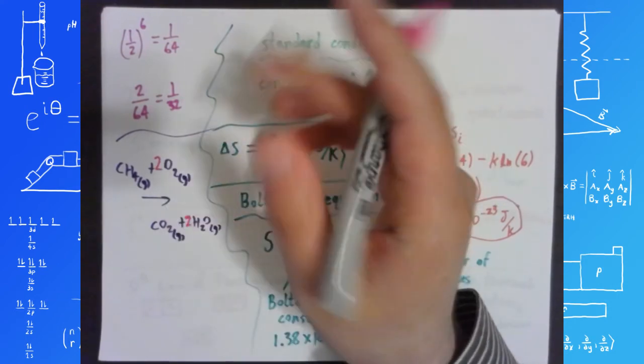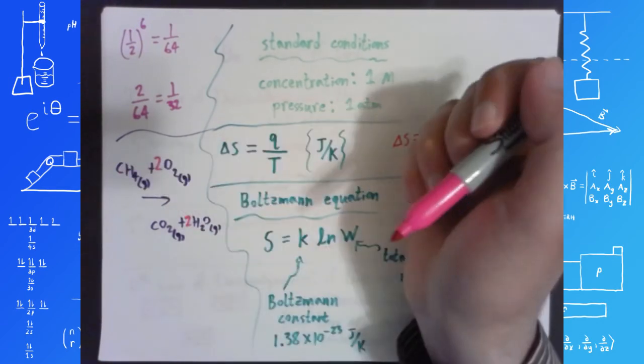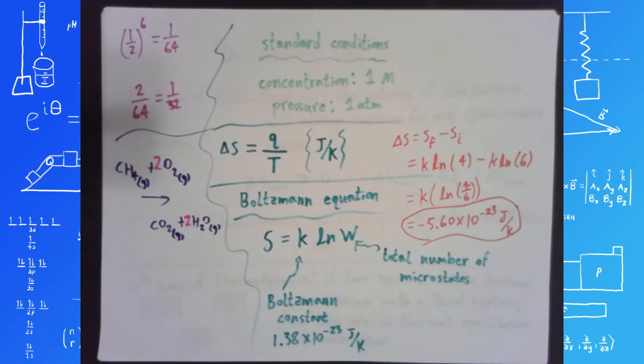Now I see. The total moles of gas on the left is 1 plus 2 is 3, and the total moles of gas on the right is also 3. So it's 3 moles of gas versus 3 moles of gas. It's hard to tell where the higher entropy lies.